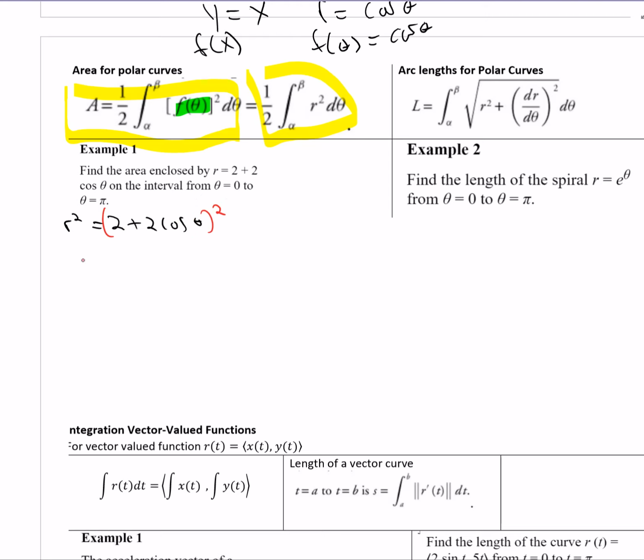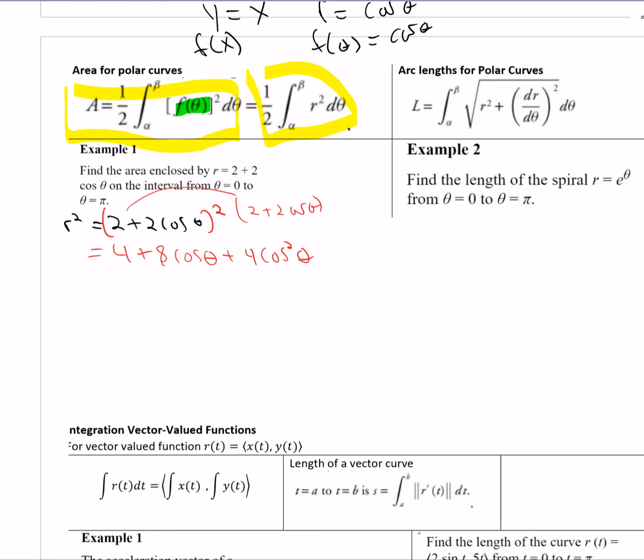When we square it, we're basically just FOILing it, right? It's going to be 4 plus 8 cosine theta plus 4 cosine squared theta, right? If you're confused about where I'm getting this, just write out this and do FOIL, right? And you'll get this, right?